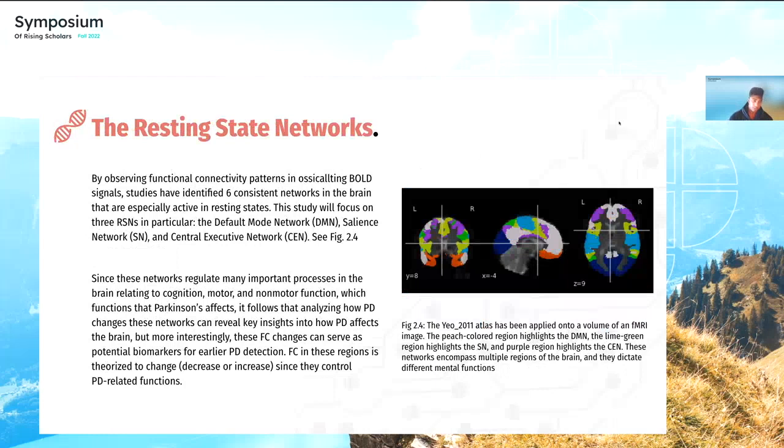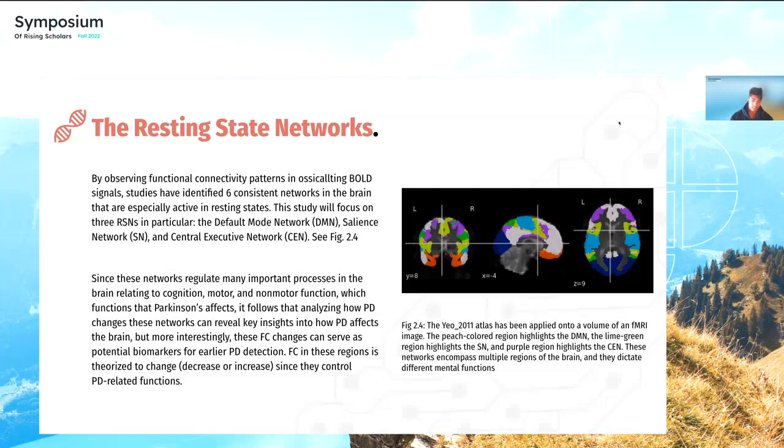So the resting state networks, what are these? By observing functional connectivity patterns in time courses over the years, studies have identified 6 consistent networks in the brain that are especially active in resting states. So when people are not doing anything, they're just sitting there with their eyes closed, or sleeping. This study will focus on 3 of these networks in particular: the default mode network, the salience network, and the central executive network.